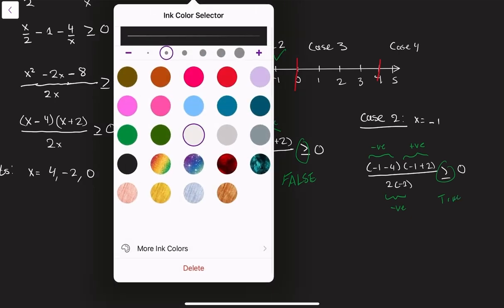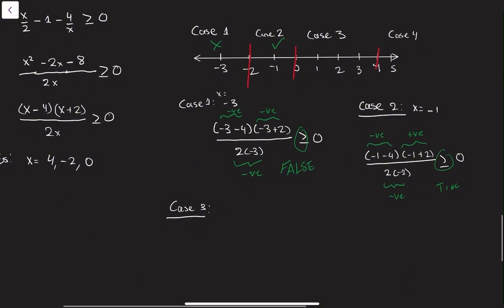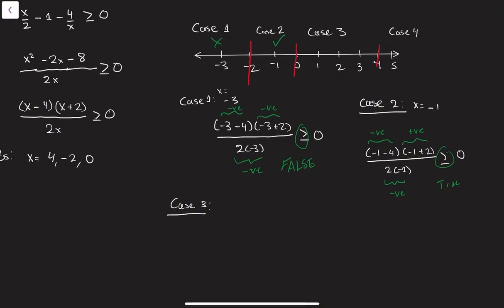Looking at case 3 now. Case 3, let's use the value of 1. So x is equal to 1. In this case, we'd have 1 minus 4, 1 plus 2, 2 divided by 1, all having to be greater than or equal to 0.